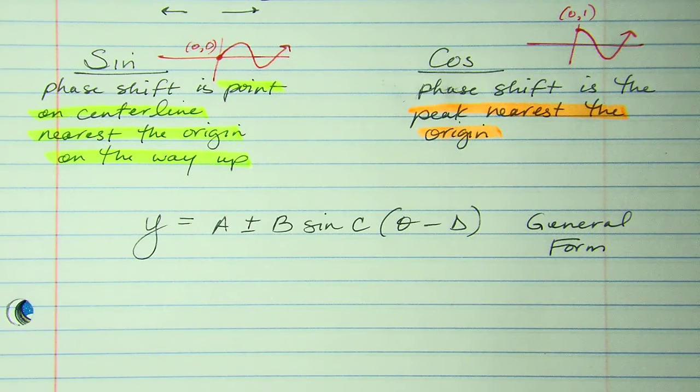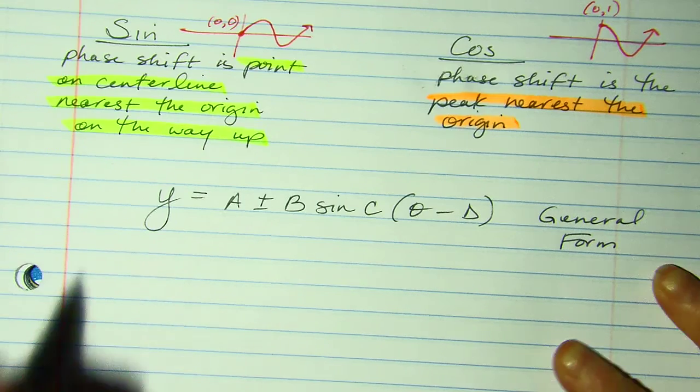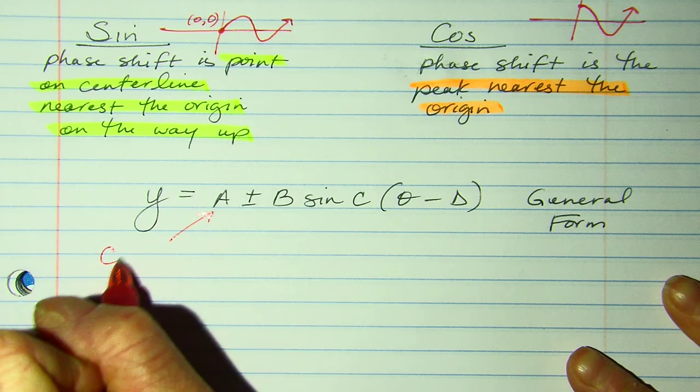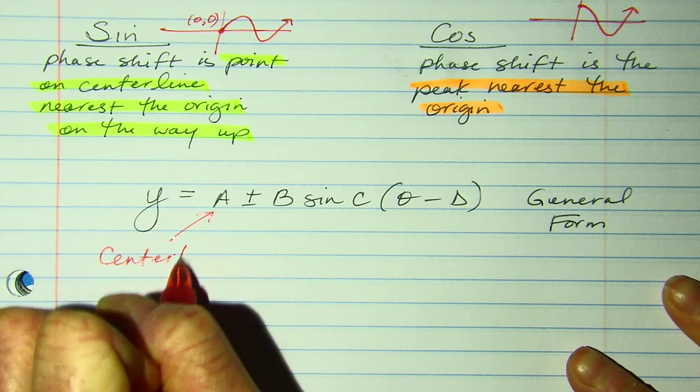So I want to go over the equation and what we know so far and what we're adding to it. So here's how we'll write it, and this is how I go over it in later sections. The book might use different letters. Here are the letters we're going to use. This is in general form, and this is all the pieces. So we have covered that this should be our center line.